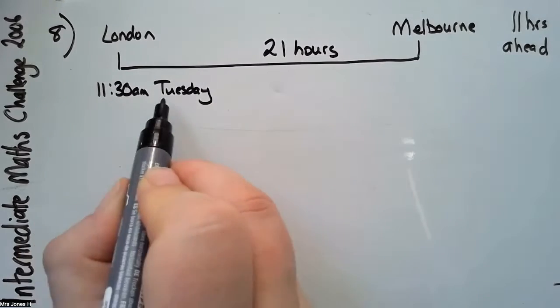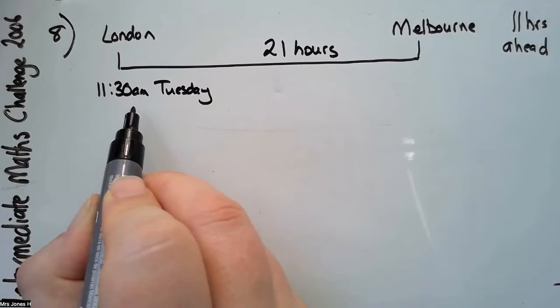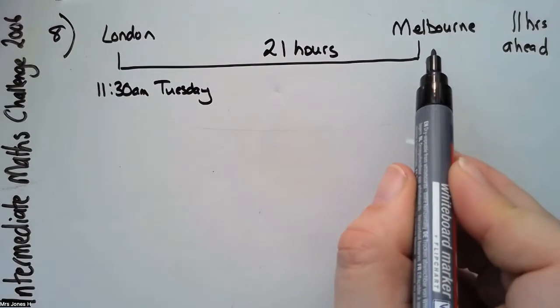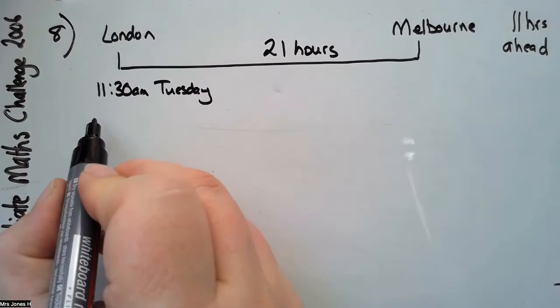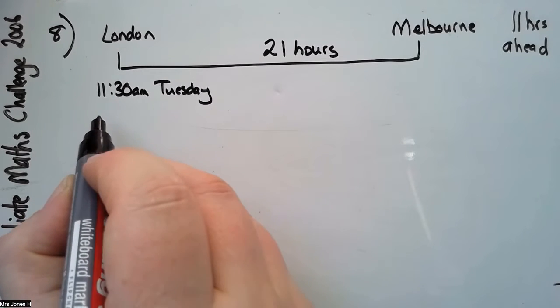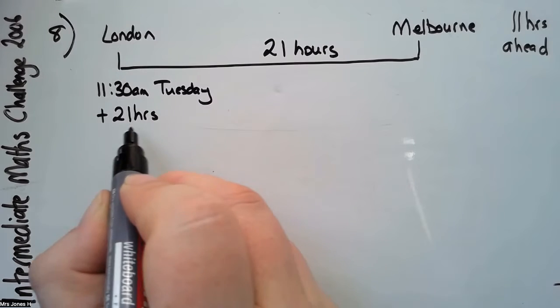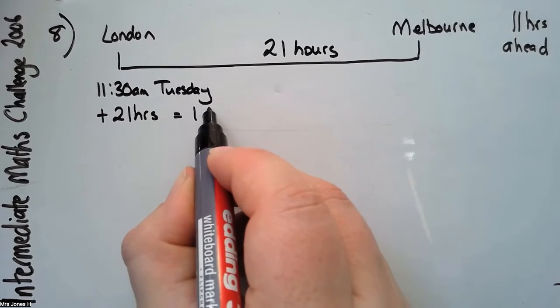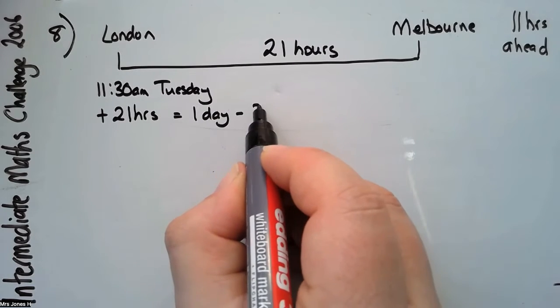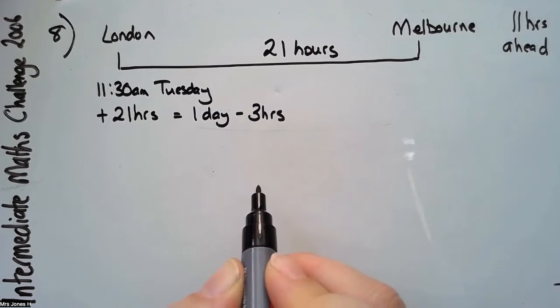So if you stood in London and the aeroplane moved to here, then what you would have is you would add 21 hours to this. 21 hours is the same as saying 1 day, subtract 3 hours, if you want to know how I do it.